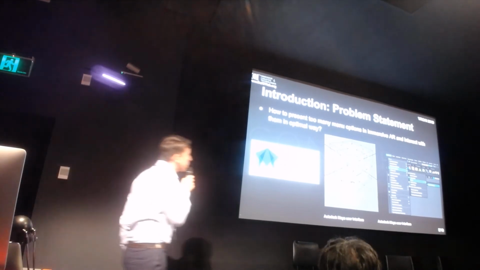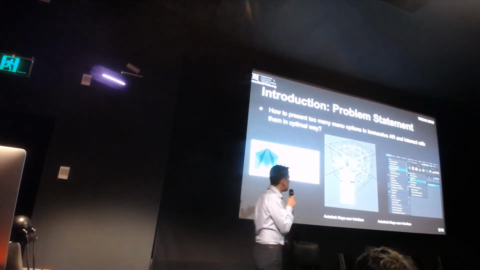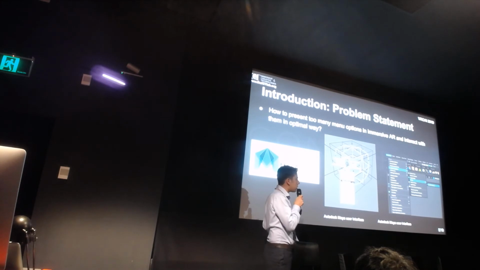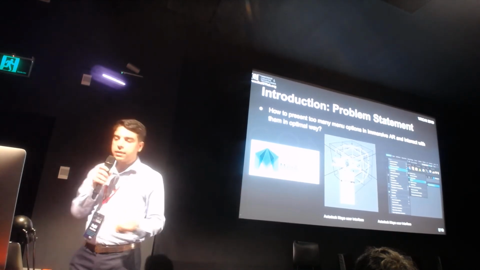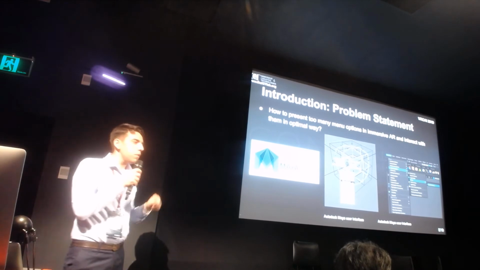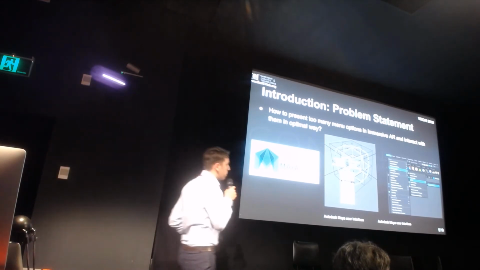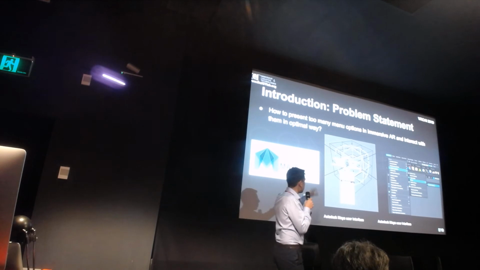The problem statement is that, for example, suppose we want to implement an application like Autodesk Maya in immersive AR. The user wears a Microsoft HoloLens and does some manipulations on the game objects.